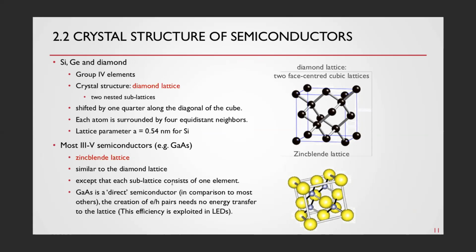So a small amount of energy always needs to be transferred, except for gallium arsenide, where this is not needed, and the efficiency of creating electron-hole pairs is therefore much higher, and that's exploited in the light-emitting diodes. That's as much as I want to say about direct and indirect semiconductors.